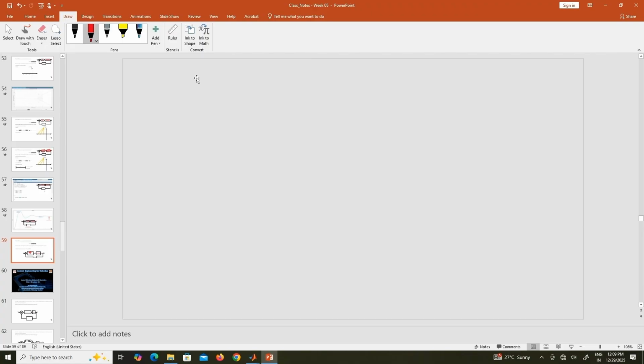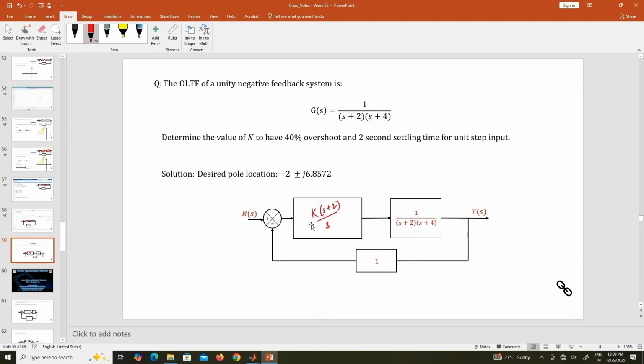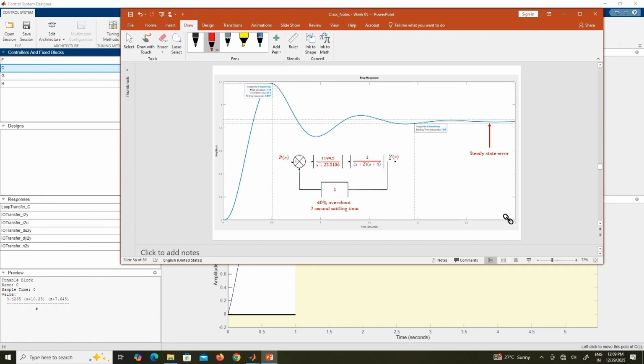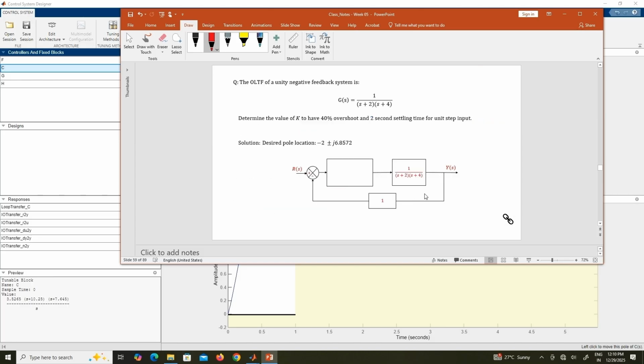Okay. Let me write down this controller. So, the controller that we came up with is 3.5265 (S plus 10.25) multiplied by (S plus 7.645) divided by S. Okay.